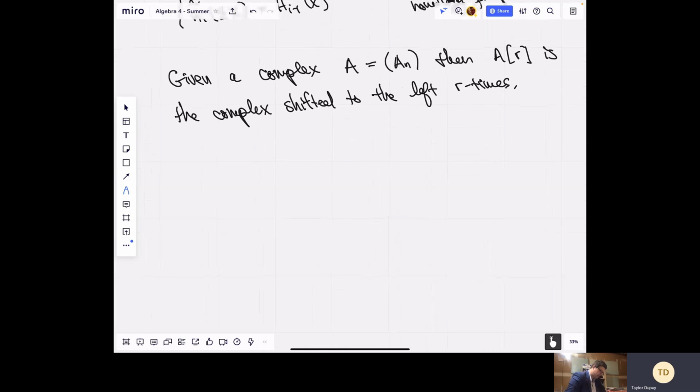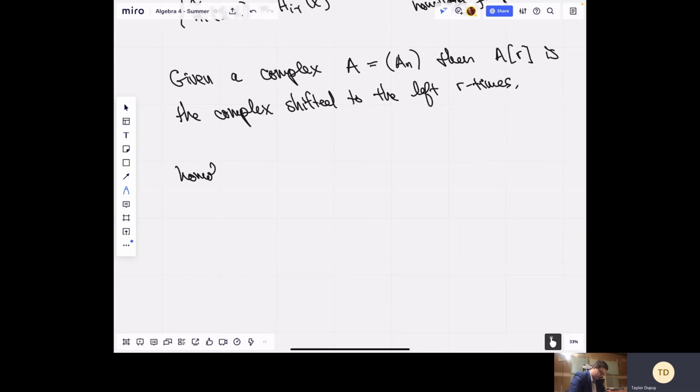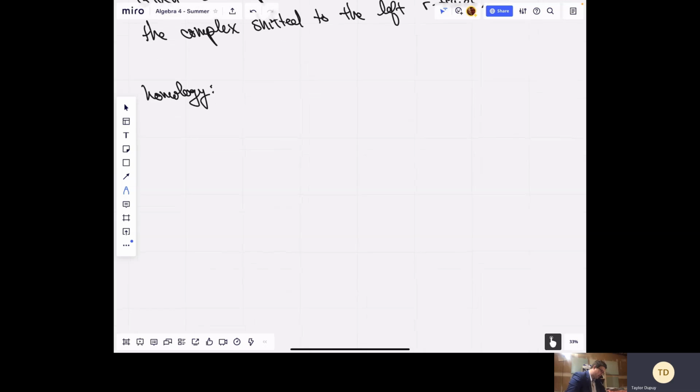So let's do the homology version of this first. And then there's a cohomology version. For homology, we'll have a complex that's like A_0, A_1, A_2, A_3, and so on.